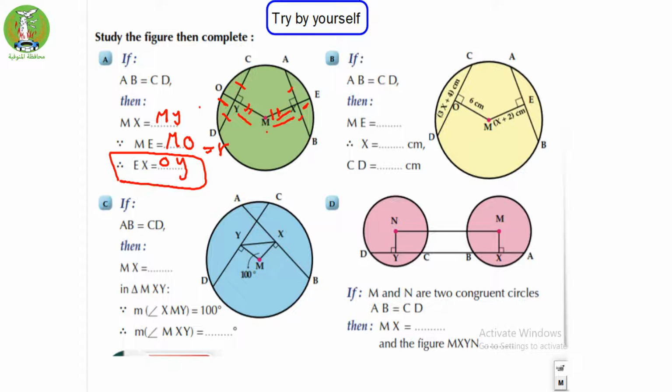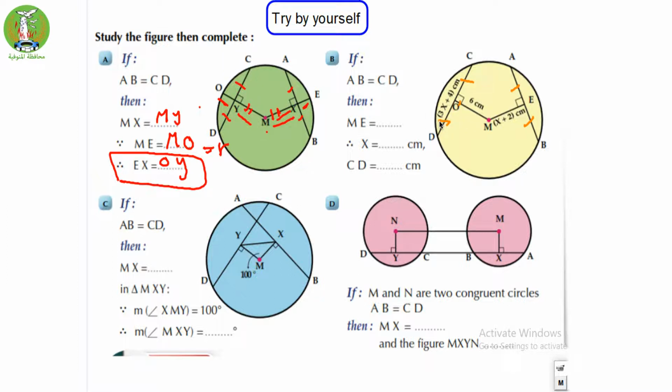The second one: if AB equals CD, since ME is perpendicular to AB, then E is the midpoint of AB. Since MO is perpendicular to CD, then O is the midpoint of CD.